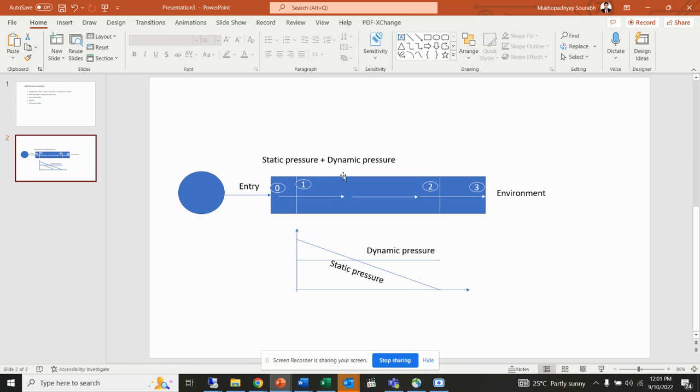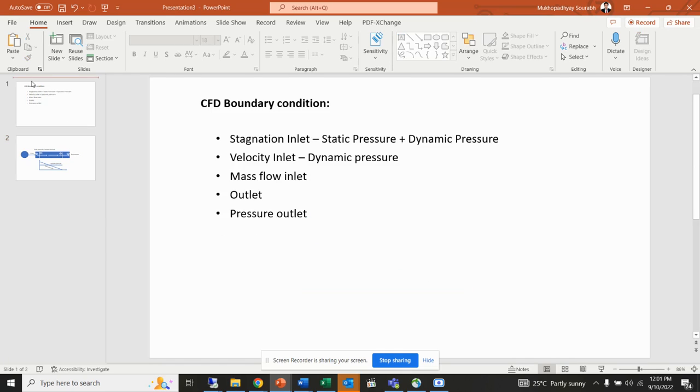Suppose you are defining 10 pascal stagnation inlet, so 10 minus 7 is nothing but the dynamic pressure, that is important for the velocity of the flow, and from that the code evaluates the flow velocity. Okay, so this is the basic of CFD.